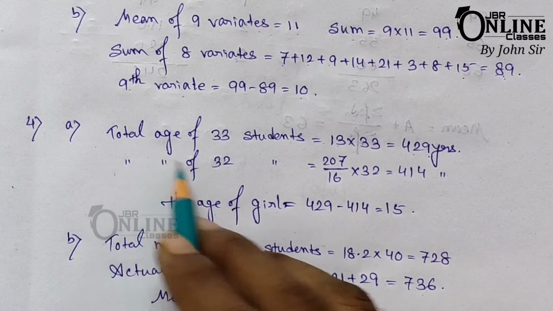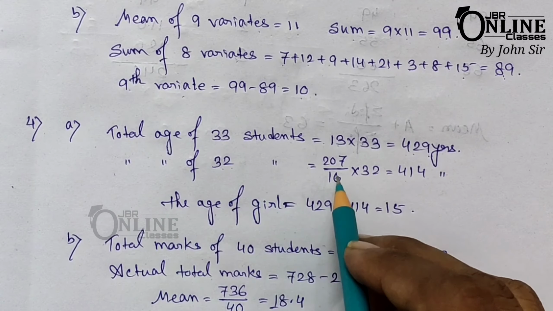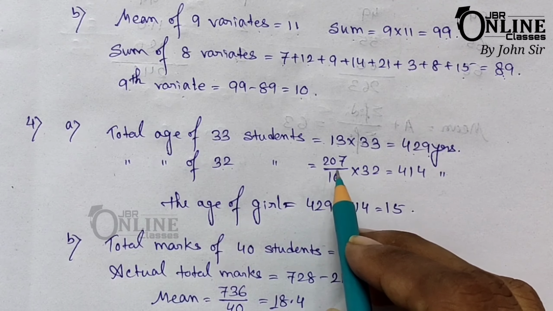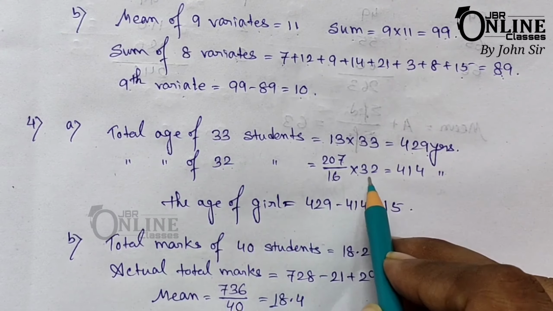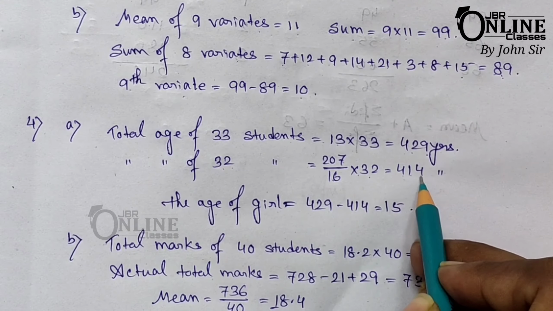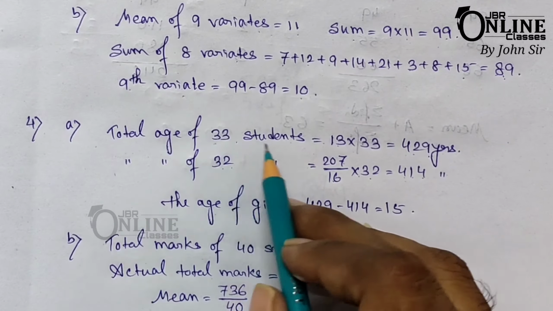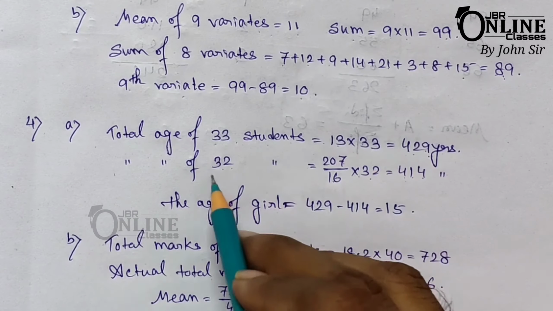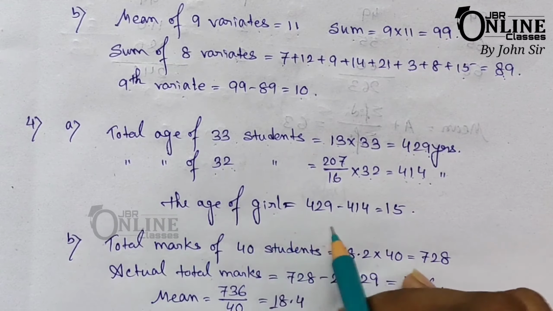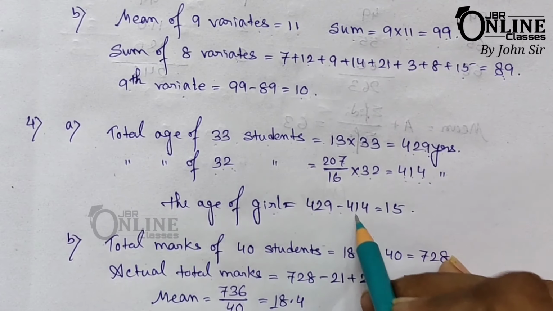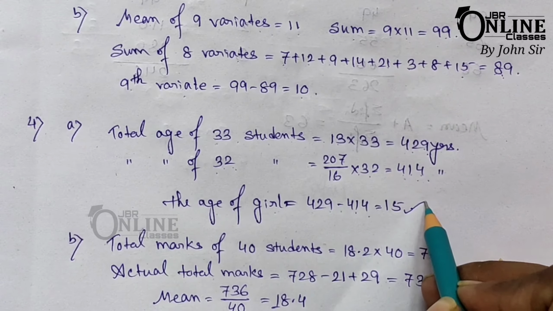So that means the total age of 32 students that equal to 12 whole 15 by 16 that equal to 207 by 16 into 32 and that equal to 414. So 33 students total age equal to 429, 32 students total age equal to 414, then the age of the girl equal to 429 minus 414 that equal to 15.